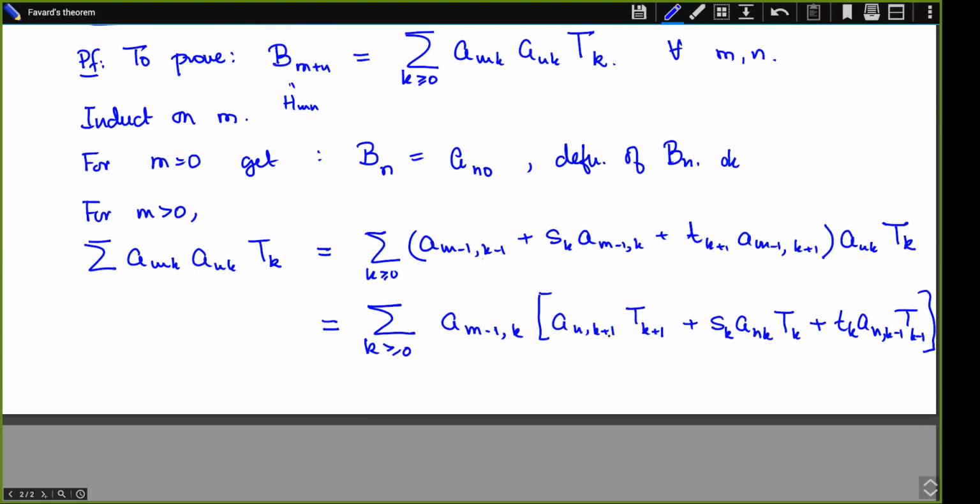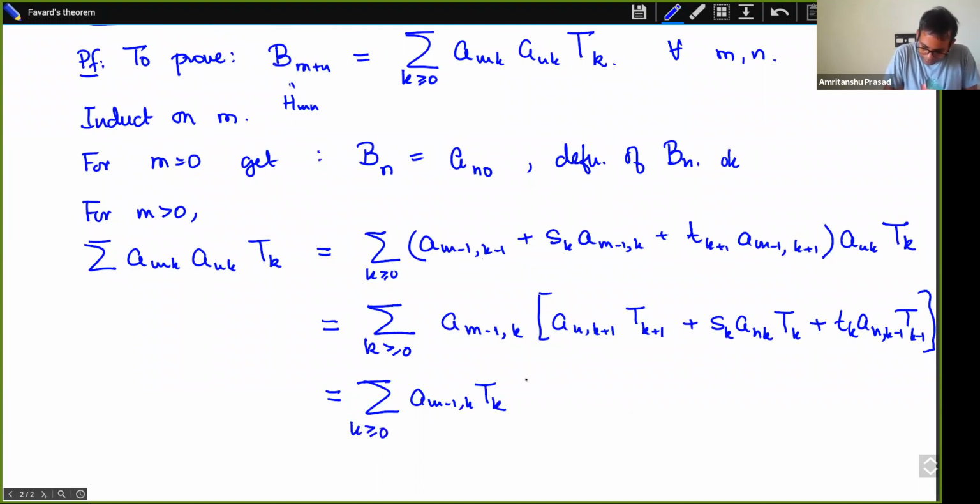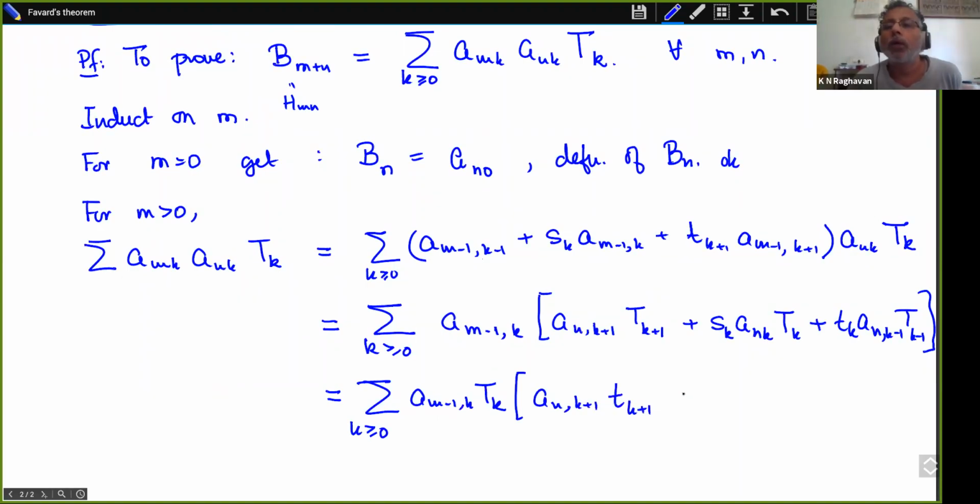But now, if you think about it, this can be rewritten as am minus 1 k. I'll take out tk common here. And so what I'll get is an k plus 1 here, and tk plus 1. This last term, you get tk and minus 1, tk minus 1, got it. Thanks. So this will collectively become tk.